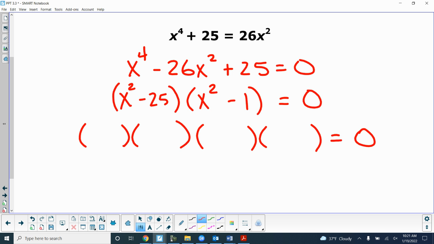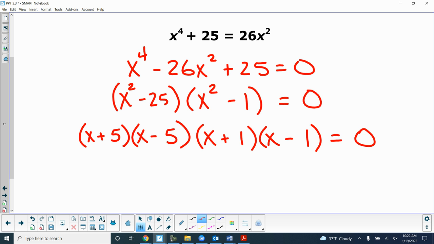So we're going to end up having four factors, which is what we expected anyway. It's x to the fourth, right? So we take the square root of x squared for that, square root of 25. Then what? Plus and a minus. Very good. And the same thing here. Square root of x squared, square root of 1, plus and minus.